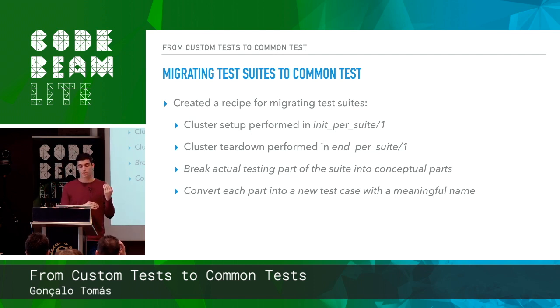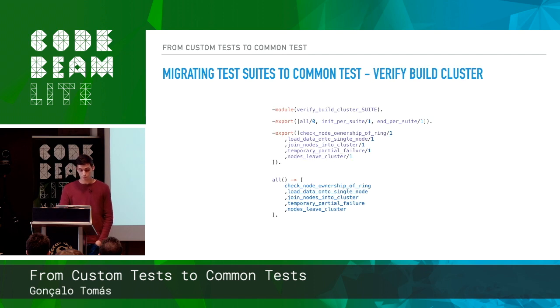Not in confirm 0, but actually sometimes it would spawn a cluster if you didn't say anything, which was a bit weird. And then the entire code that was inside confirm 0, which at some point could be as long as 500 to 1,000 lines of code, can be broken apart into individual test cases, which are each going to get a meaningful name. And we'll see what difference this makes.